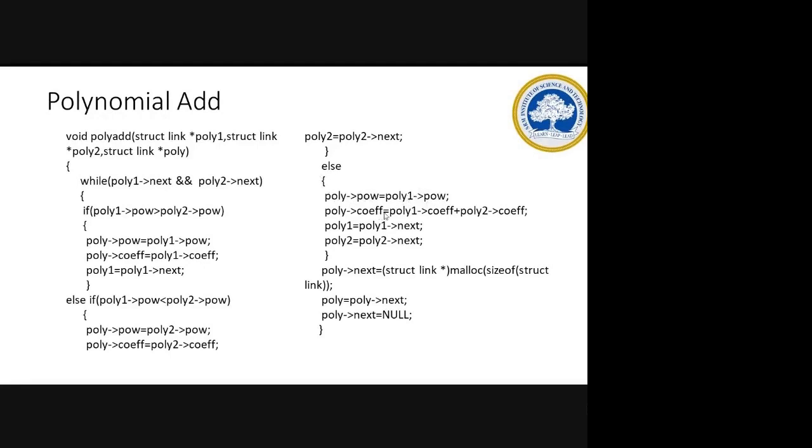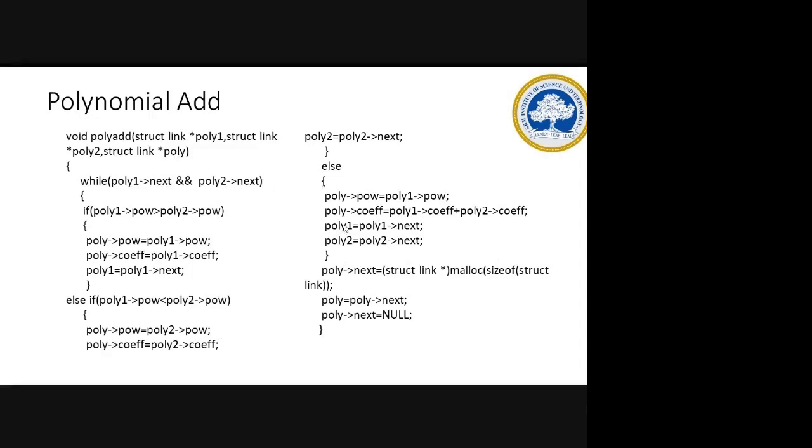And if both are equal, you know that in a polynomial you have to add them up. Poly 1's and poly 2's coefficients have to be added up and stored here in the coefficient. Since both are added up, you have to move to the next variable in poly 1 and in poly 2 also. Okay, so this is the procedure followed over here.